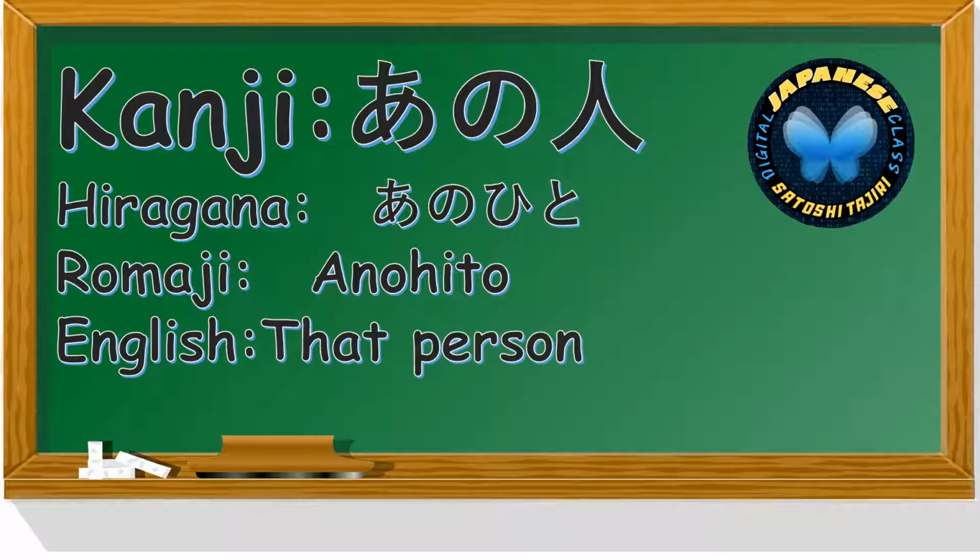That person. And it has an equivalent form. Instead of using anohito, we can use anokata. Instead of using this kanji, we can use this one. It becomes anokata, changing our hito to kata.